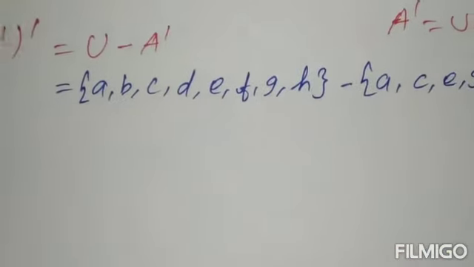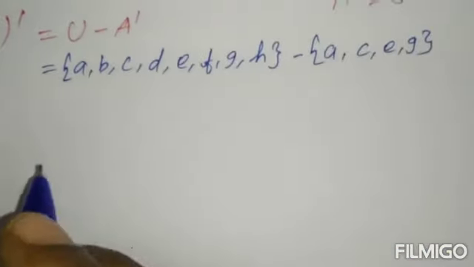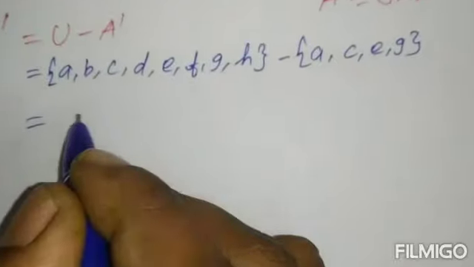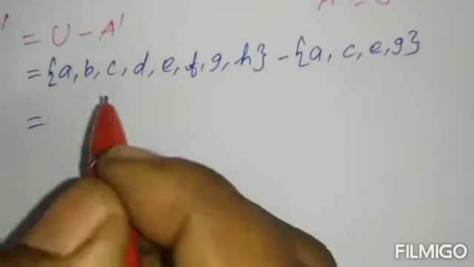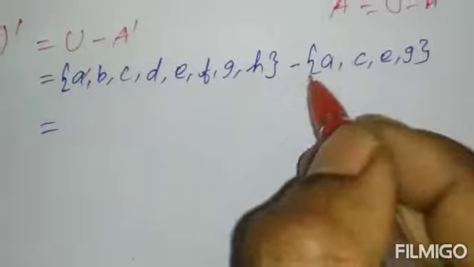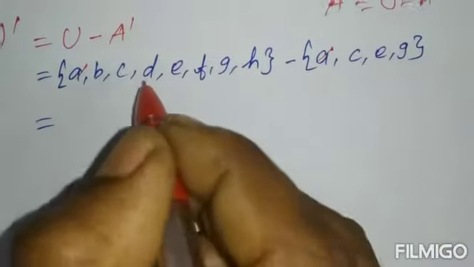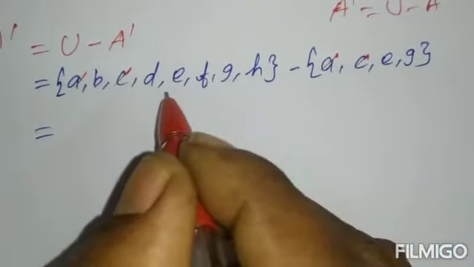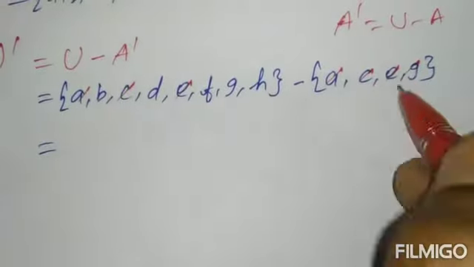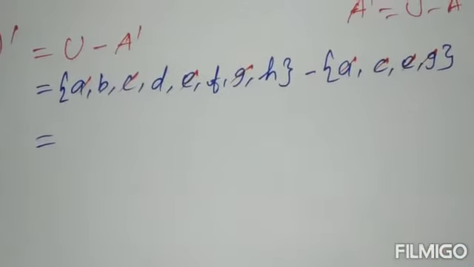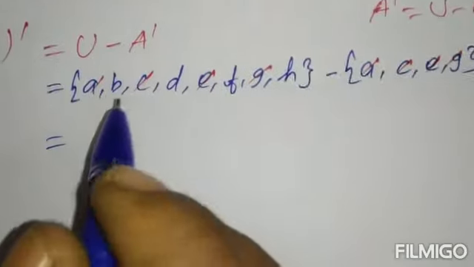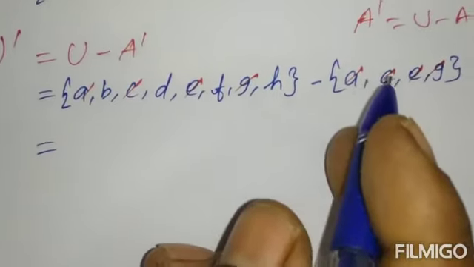Now we have to find the difference between U and A complement. First we strike out the common elements: A cancel, C, then E, then G. So these are the commons. That is the set of all elements that belong to U but do not belong to A complement.